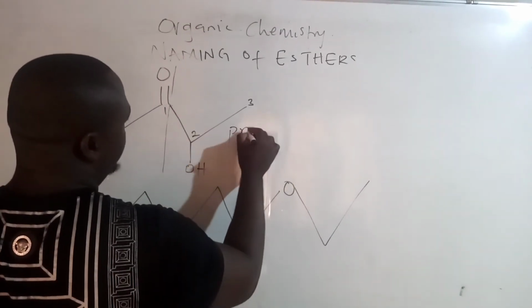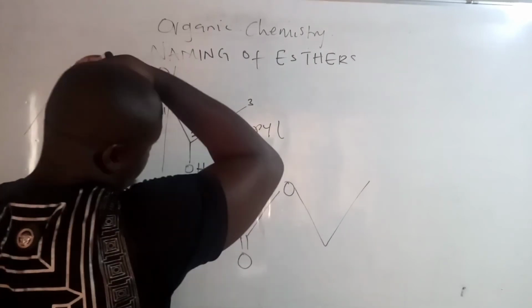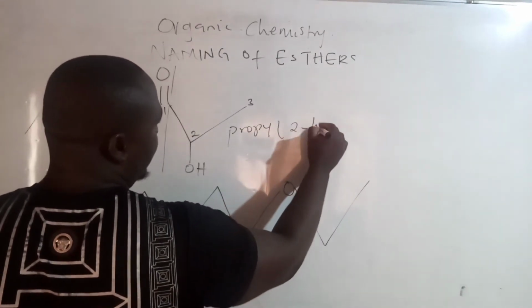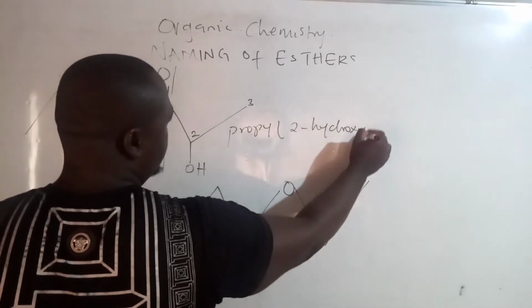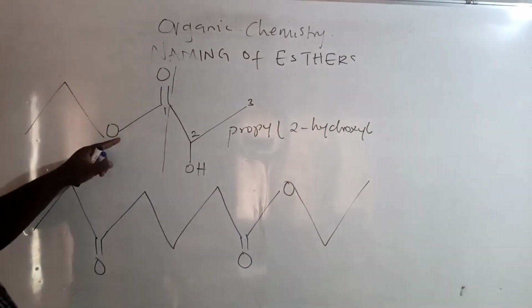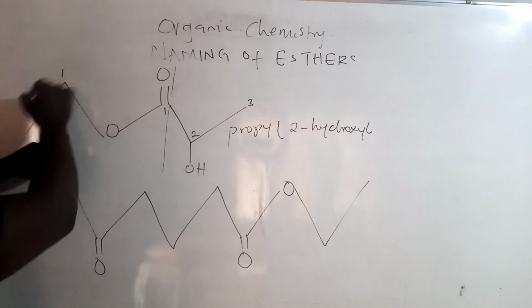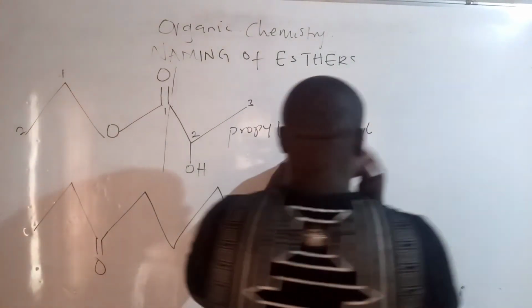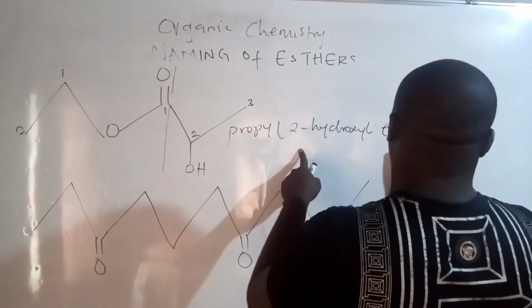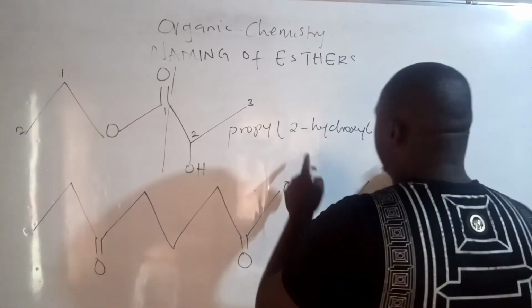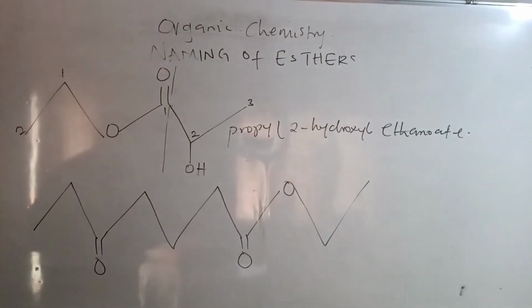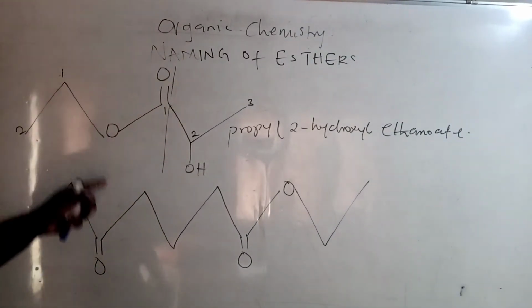This is propyl 2-hydroxyl. So we start naming from 1, 2, right? Propyl 2-hydroxyl ethanoate. Yes, because P comes before H, right? Good.